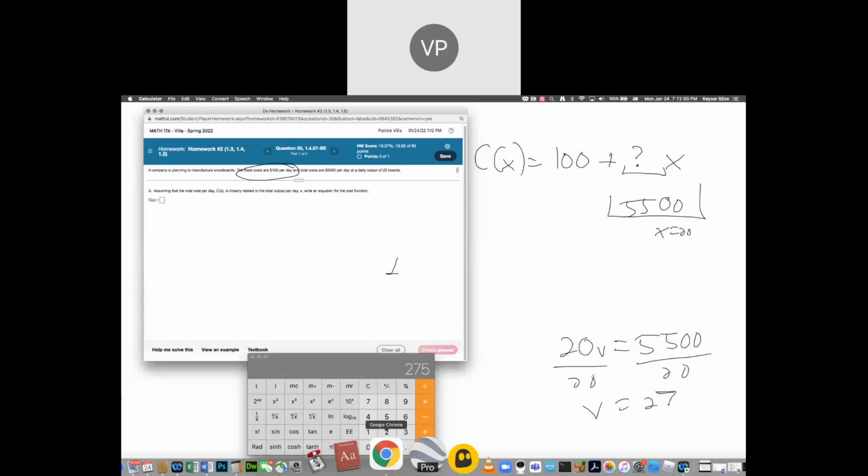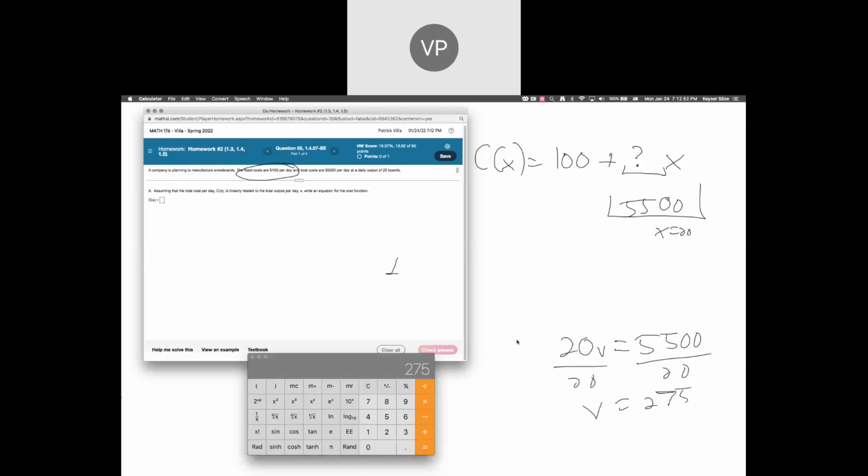So what that's saying is that's your cost for each board, per board. If you sell one board, it's going to be $275. If you sell 2 boards, it's going to be $550. We sold 20 boards, that's why it was $5,500. So they didn't give you this formula, but they gave you a method to solve it.